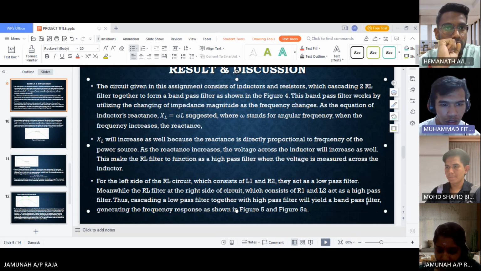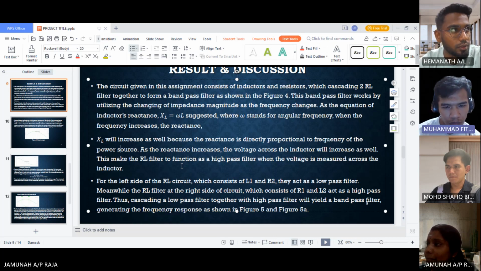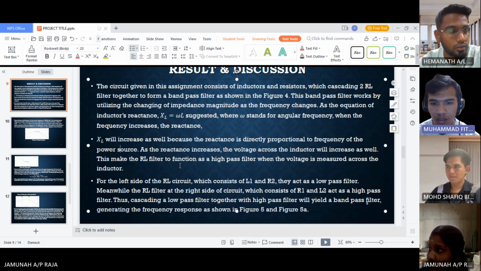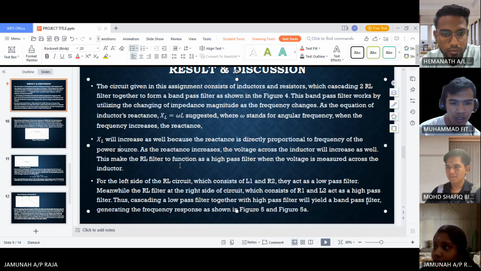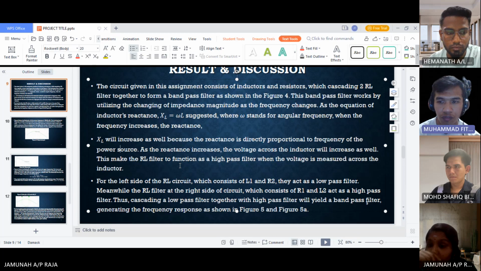The left side of the RL circuit, which consists of L1 and R2, is a low pass filter, while the right side of the circuit, which consists of R1 and L2, is the high pass filter. Thus, cascading the low pass filter together with the high pass filter gives a band pass filter, generating the frequency response shown in figure 5 and figure 5A.